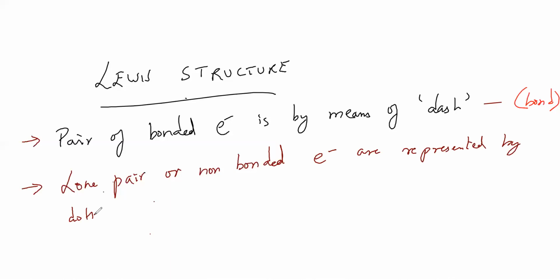Now I will do one simple thing here. Take NH3 as an example. How many electrons does nitrogen have in its outermost shell? Can anyone tell me?